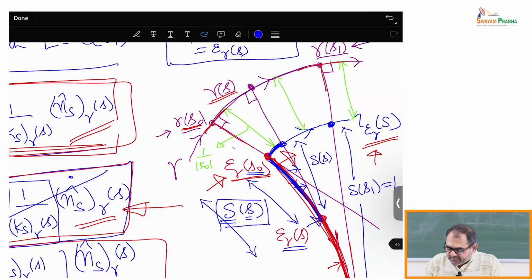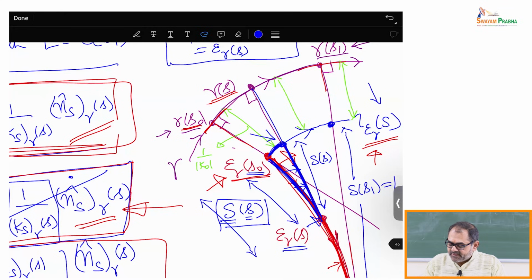And mind you, if you look at it, that is also equal to this distance. That is the distance I have pulled out, and mind you, this line is normal to gamma, and it is tangent to the evolute. Therefore, how do you get this point, which is the point you want?